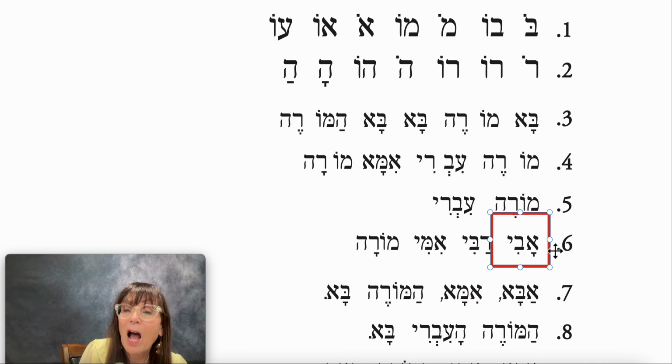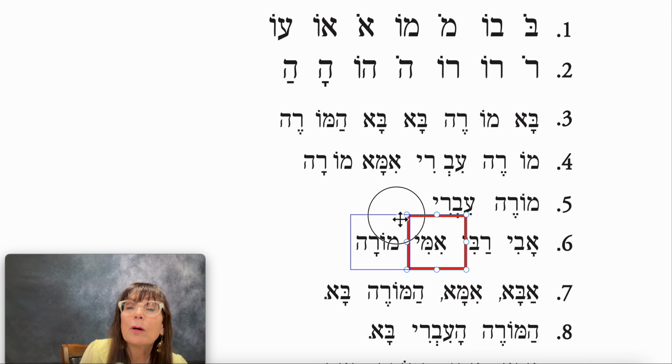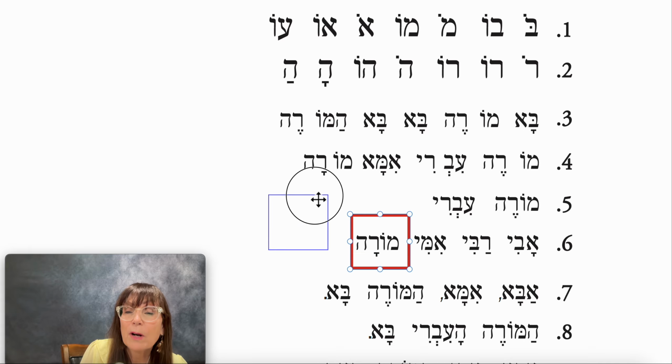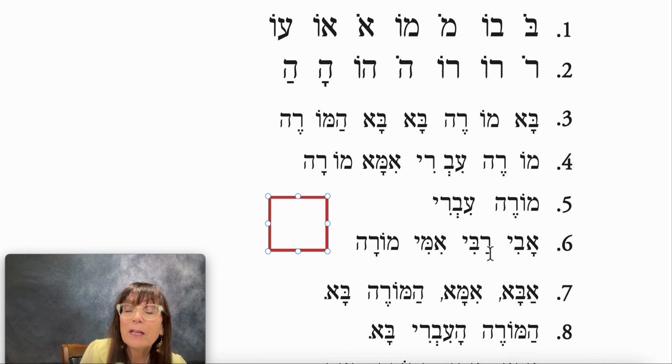Sentence 6, avi, rabbi, imi, mora. So if I were to translate this sentence, avi rabbi, my father is a rabbi. So avi is my father. Is understood. And then this rabbi is a rabbi.